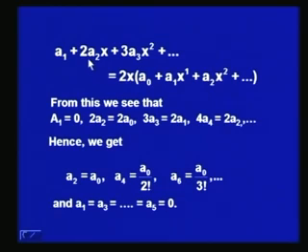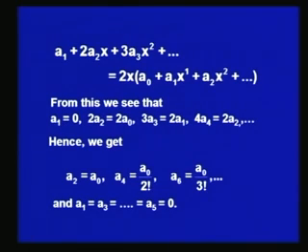We can then compare the coefficients of like powers of x on the two sides and see that a1 + 2a2x + 3a3x² + and so on equals 2x(a0 + a1x + a2x² + and so on).